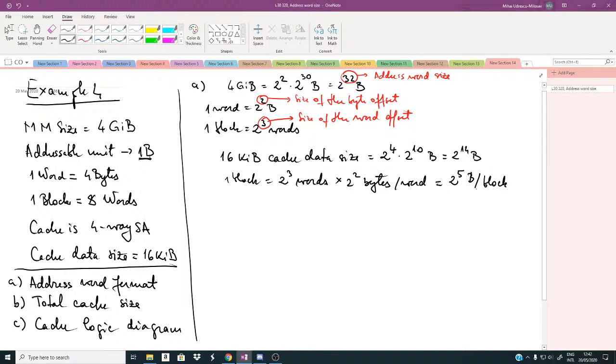So when I'm doing 2 to the power 14 bytes per cache divided by 2 to the power 5 bytes per block, I will have 2 to the power 9 blocks per cache.